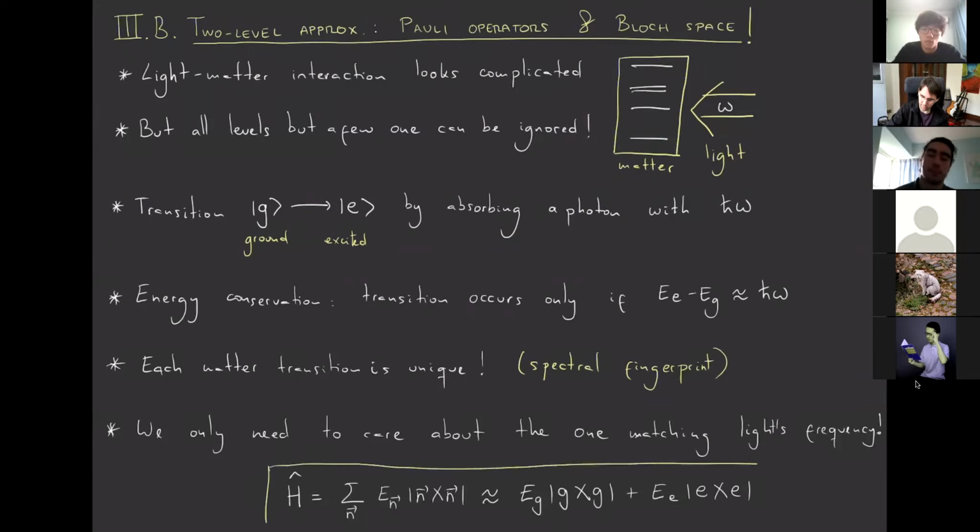This form of the Hamiltonian is what is known as the two-level approximation.